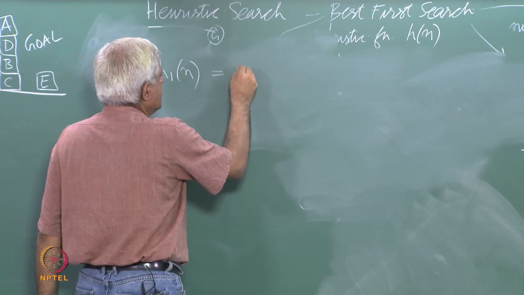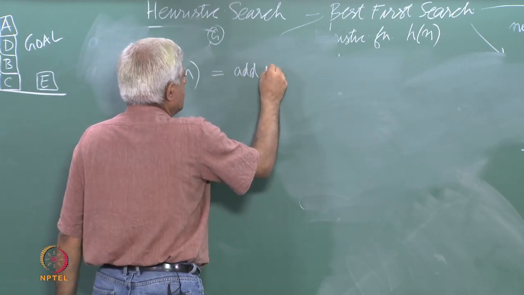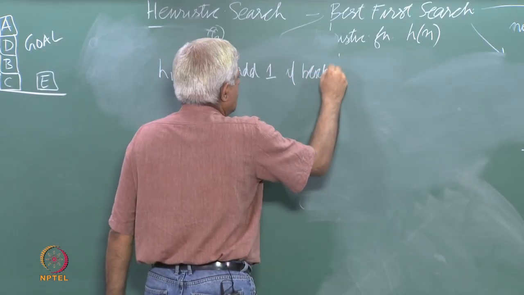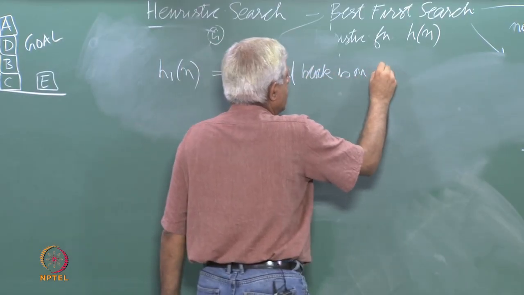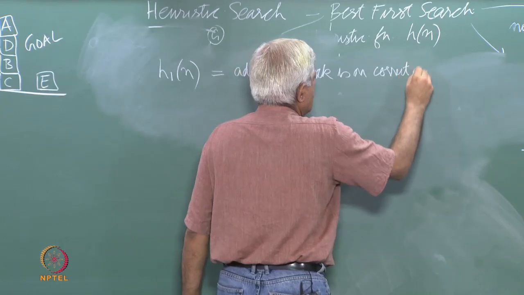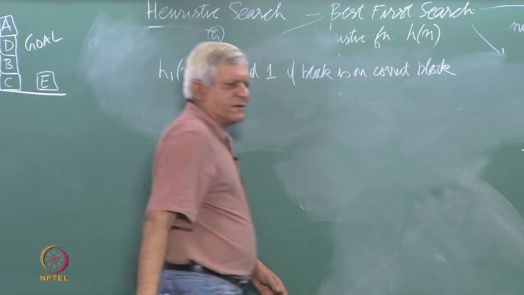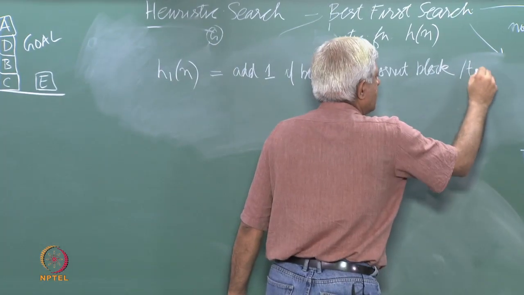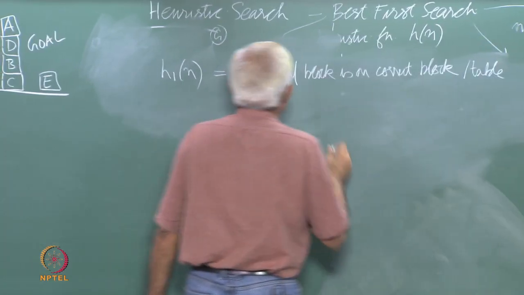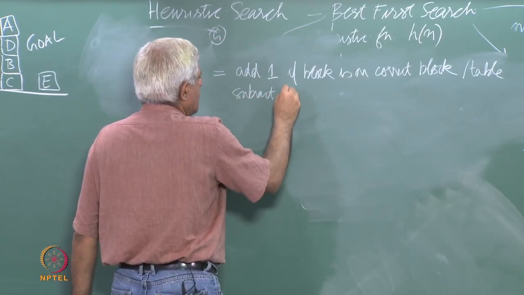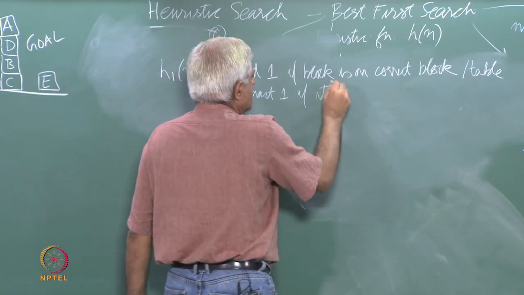It says add 1 if a block is on the correct block. I just use the term block, but in general we mean either block or the table, and we subtract 1 if it is on a wrong one.